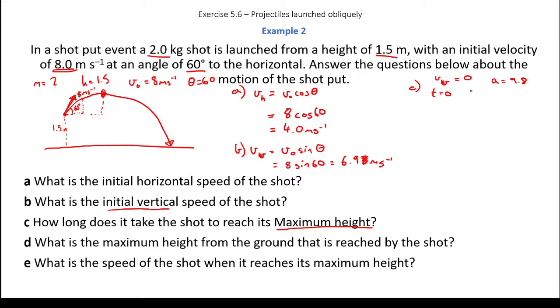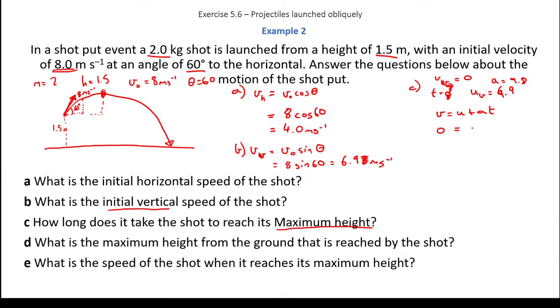Now we could write our initial vertical velocity, 6.9. So we have 3 known values and 1 unknown, time. There is an equation that we can use to find this, one of our equations of motion, because our acceleration is constant. We can use v equals u plus at. Our final velocity at the top is 0.